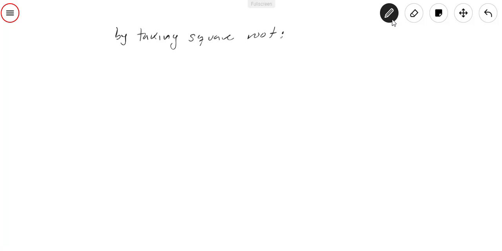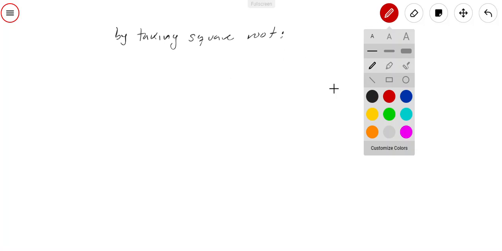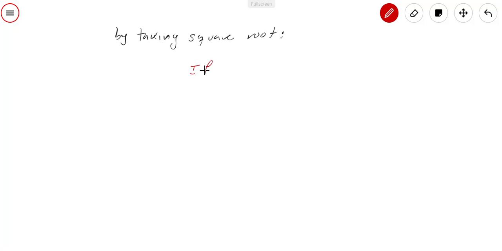That means we say that if the square of a variable is equal to a number a, then the variable will be plus or minus the square root of that number a, where, since we're working with equations in the set of real numbers, a is a real number.